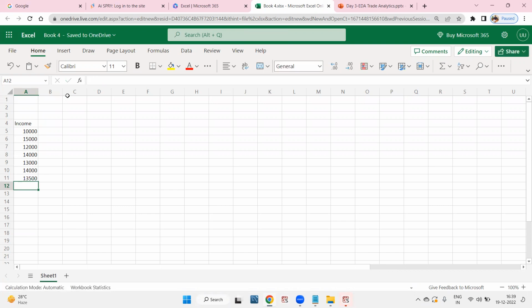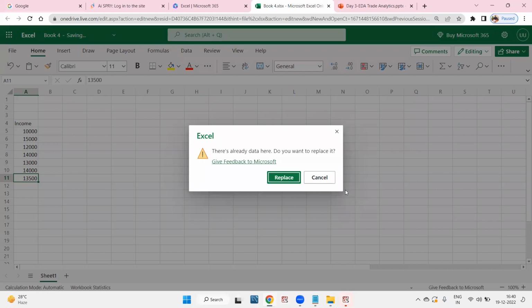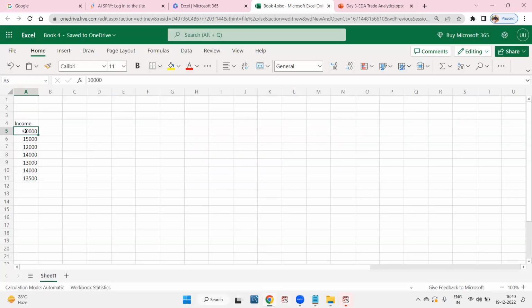Let's assume this. So what is the average of it? The average is 13,007. Let's assume this. This is your average, the mean.